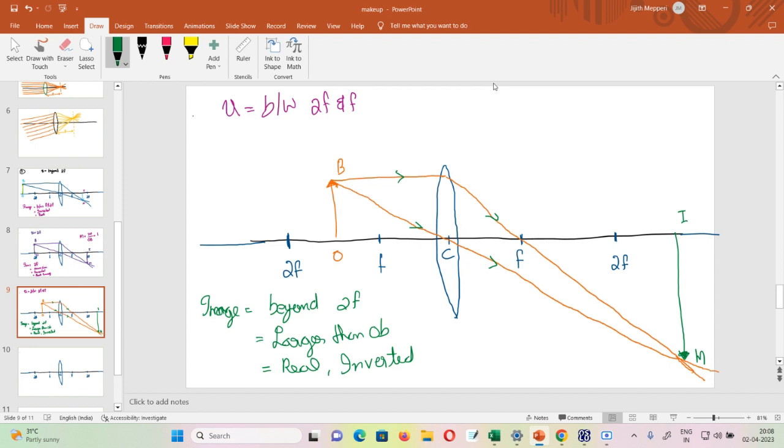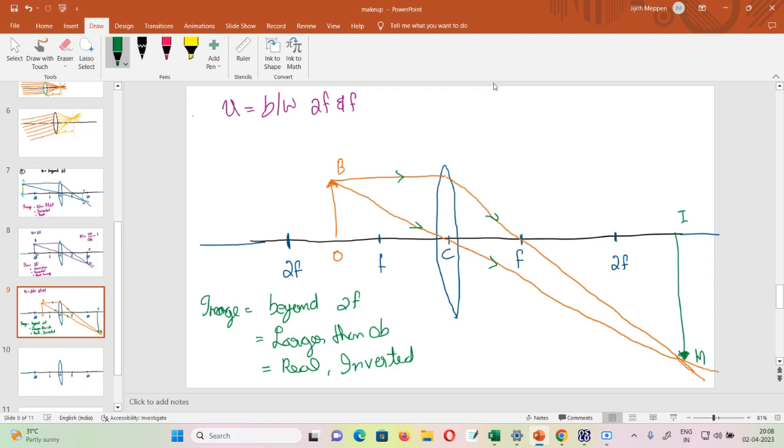Now you already know in the class about the conjugate points. You can see that when the object is at infinity, the image is forming at focus. Now we will come to the next level. What will happen if the object is set to focus, where will the image be formed?